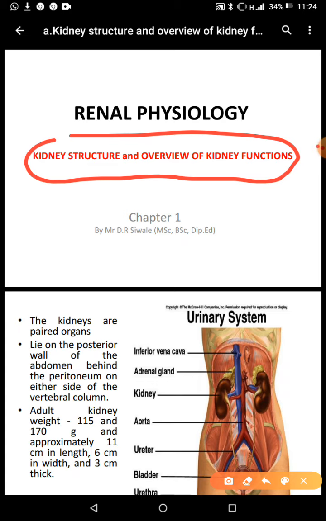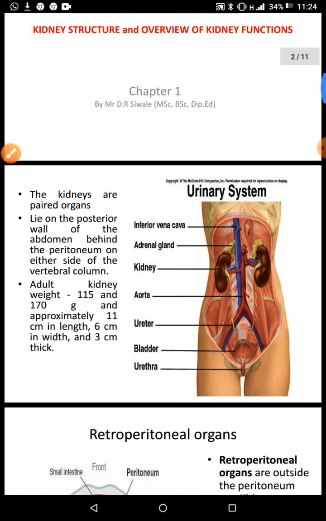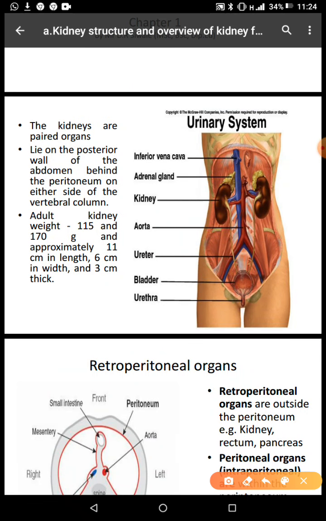So the kidneys, they are a pair of organs. They lie in the posterior wall of the abdomen behind the peritoneum on either side of the vertebral column.